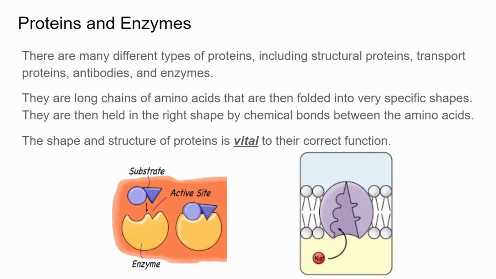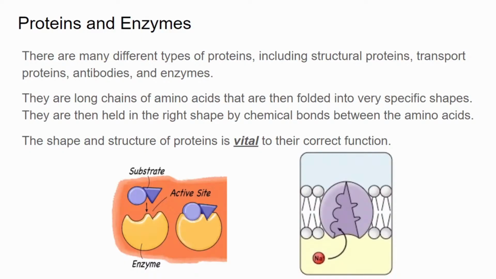They need to be in very specific shapes because that shape determines the function of that particular protein. They're held in the right shape by chemical bonds between the amino acids in that sequence, usually hydrogen bonds and disulfide bonds. Those bonds are really important to hold that protein in its correct shape and conformation.